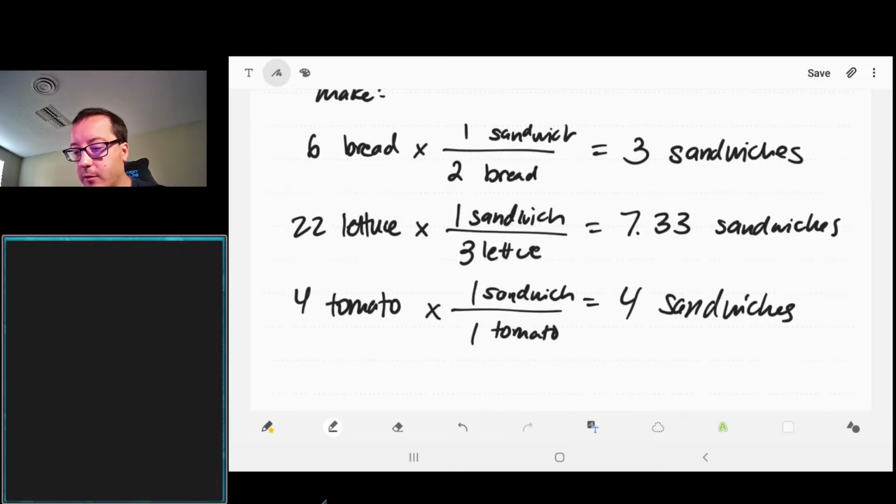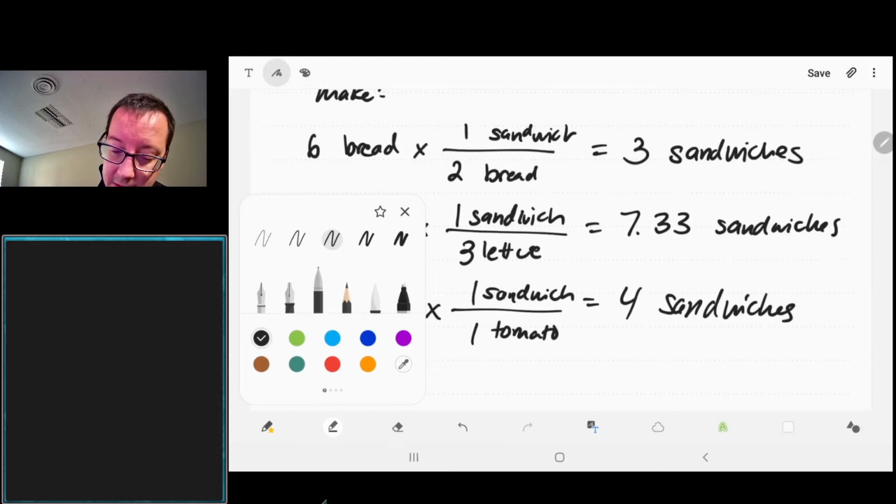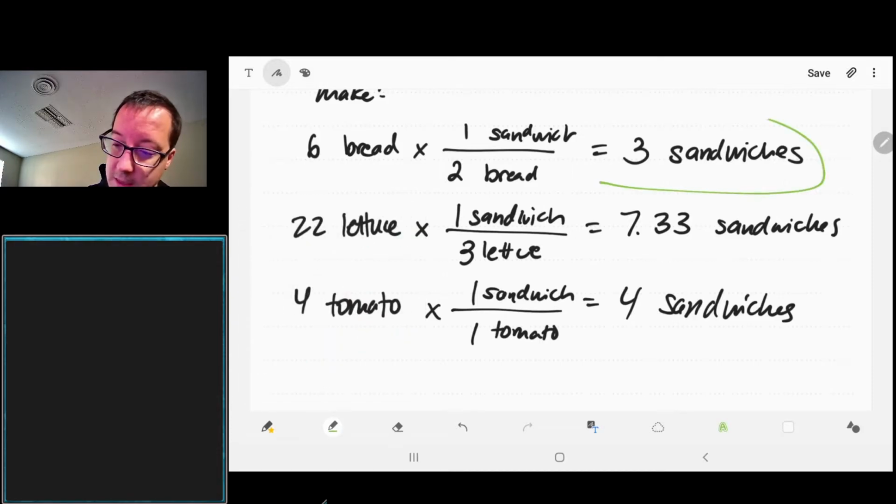And right, so now that we've looked at all of these, hopefully we can see that in reality, if we are going to be making our sandwiches, only one of these numbers will be applicable to us. And hopefully we can see that that's going to be our answer there.